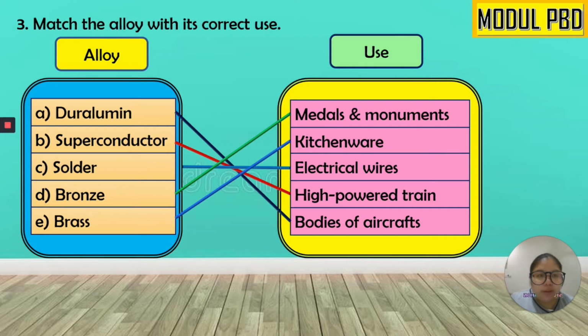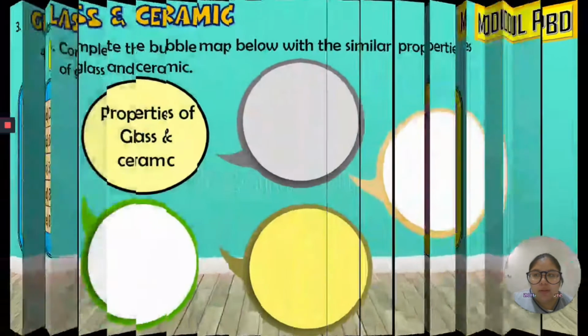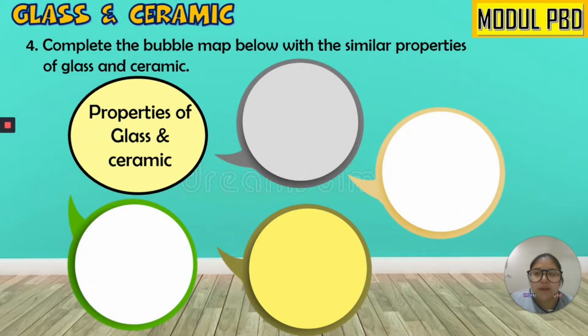Then we go to question number 4, which is about glass and ceramic. We complete the bubble map below with the similar properties of glass and ceramic. First one, both are hard and brittle.